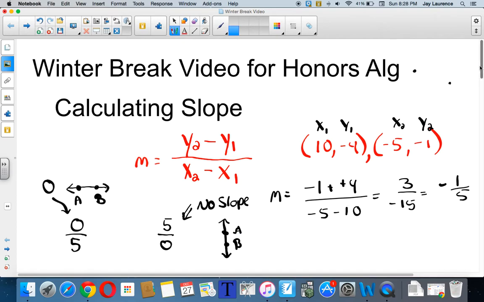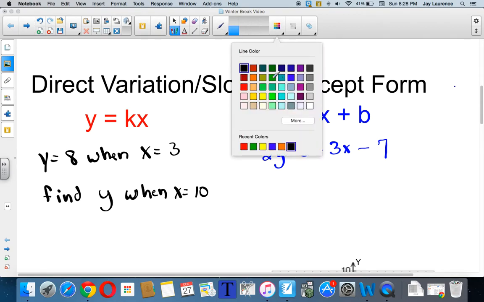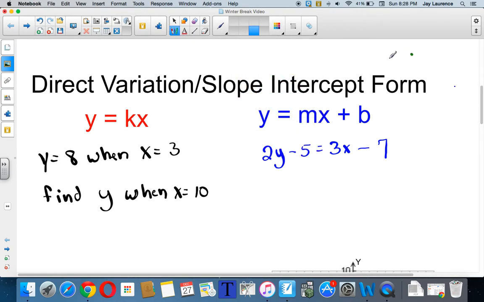All right, so we learned about slope, and we learned about direct variation, and we also learned about slope-intercept form. And they're almost the same thing. They have slightly different applications, but notice in direct variation, there's nothing added here. Well, technically there is. What's added is always 0.